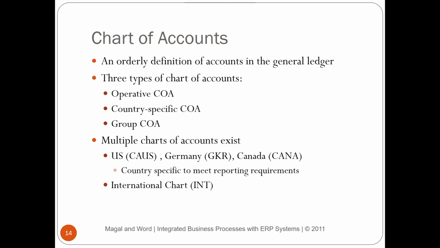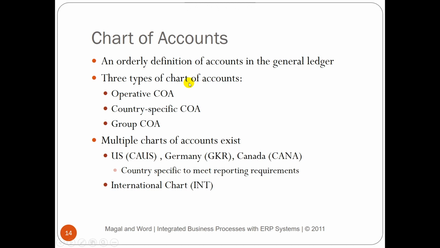About the chart of accounts, or we call it the COA. It is an ordered listing of accounts that comprise a company's general ledger. So there are three types of charts of accounts.